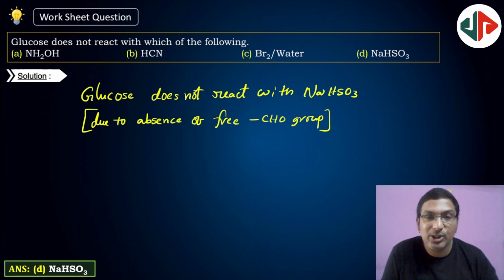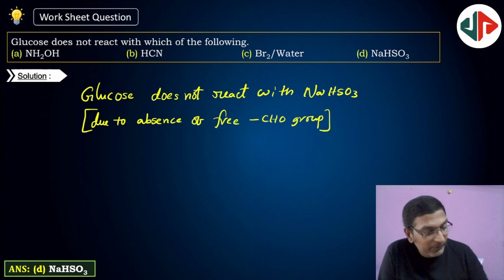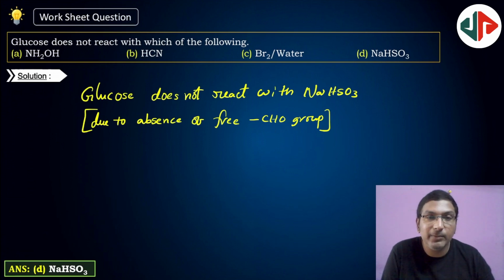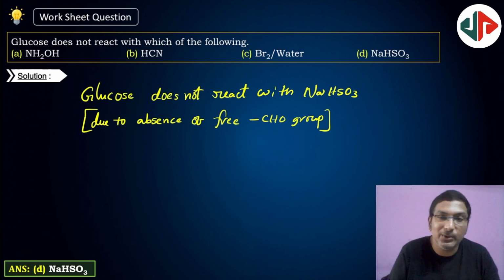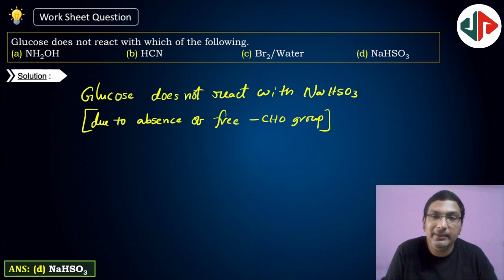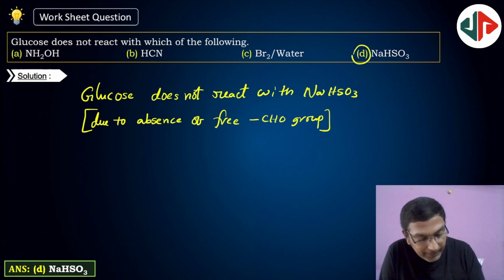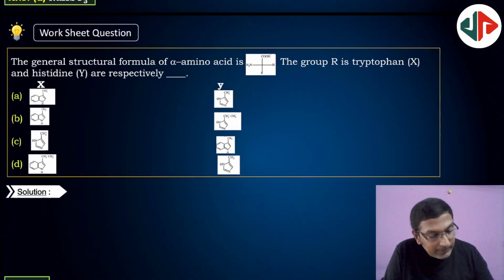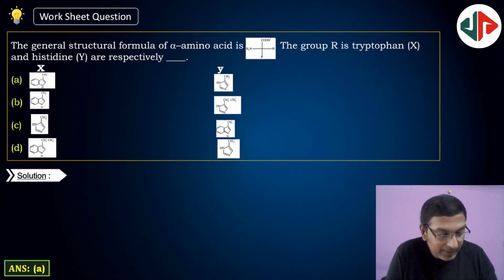Because of strong nature, those reagents can break cyclic structure of glucose. So NH2OH hydroxylamine can form oxime, HCN can form cyanohydrin, and bromine water can form gluconic acid. They can react with cyclic form of glucose. But NaHSO3 is a mild reagent. Therefore, it cannot react with glucose. Option D.